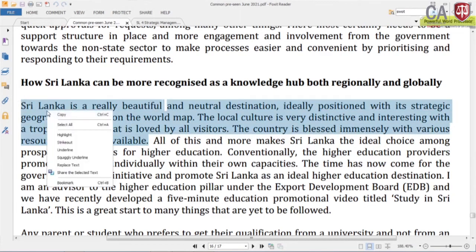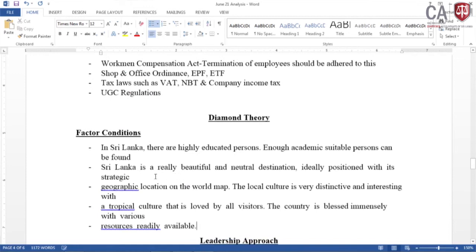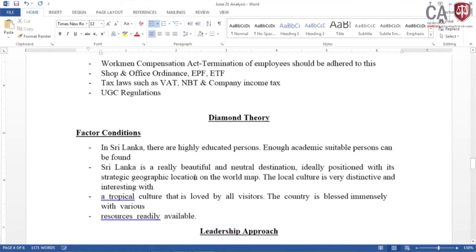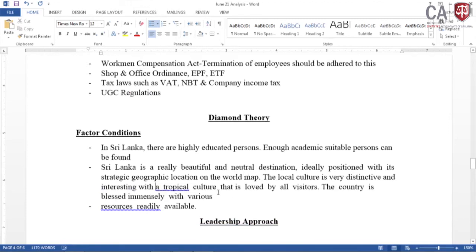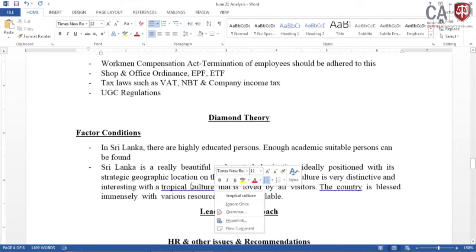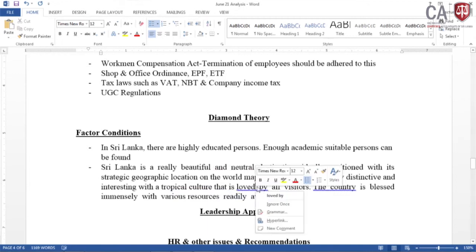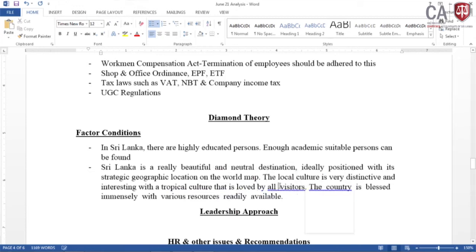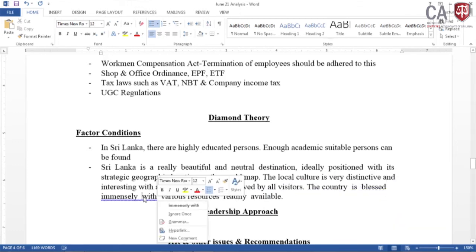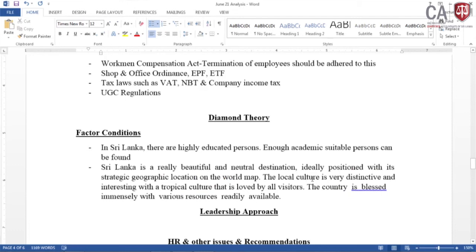So this point can be identified: a reliable neutral destination with tropical culture loved by all visitors, blessed with various resources readily available.